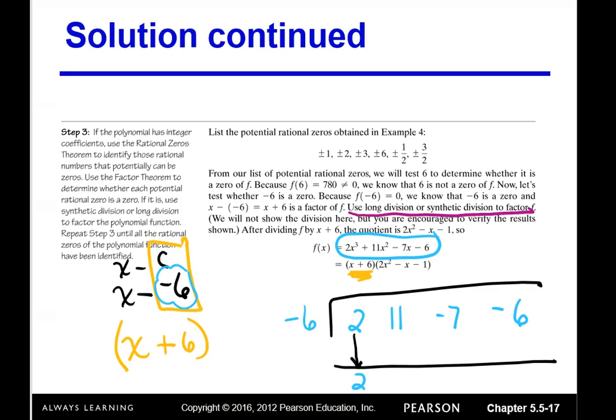You just bring it down. And then the rest of these steps is always the same. You are going to take this -6, multiply it times the 2, whatever number is right here, and then put that number here. -6 times 2 is -12.